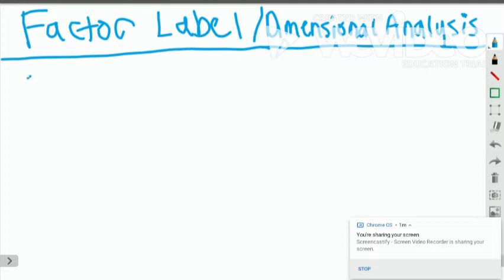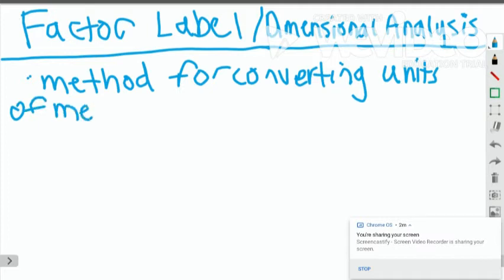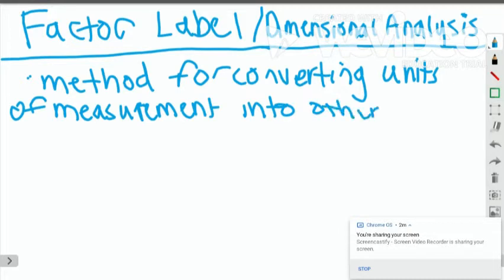This is a method for converting units of measurement into other units of measurement.